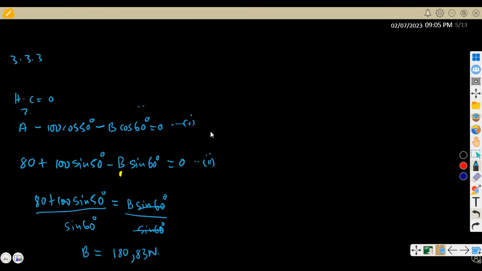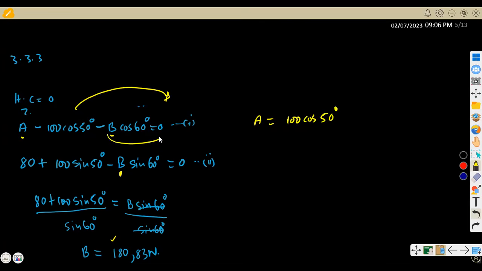To find the value for A, now we can just substitute our B into equation 1, because in equation 1 we've got B and A. So we have to make A the subject, transposing all these to the other side of the equation. This is going to be positive 100 cos 50 degrees.